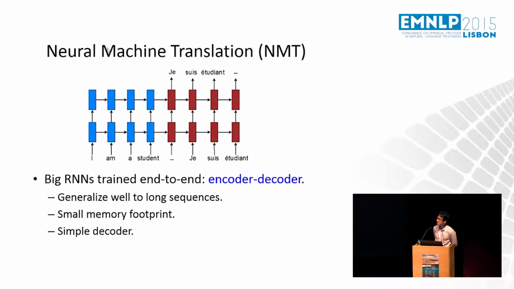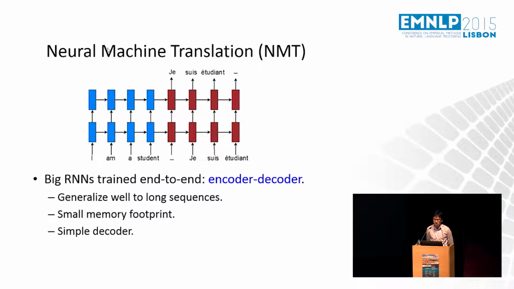So why do we want to do neural machine translation? One thing is it can generalize well to long sequences. You can think of this model as like 50 or 100 gram language models. But the nice thing is you don't have to explicitly store all the possible sequences of words, and there's no phrase table at all. It's also a very simple left-to-right beam search decoder.